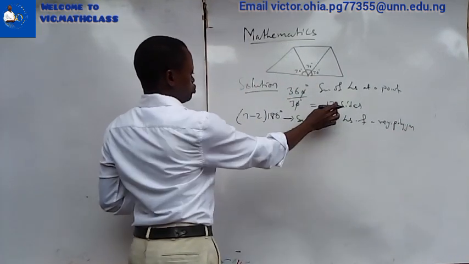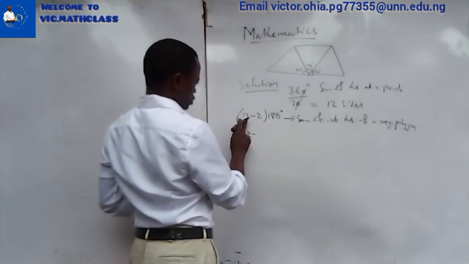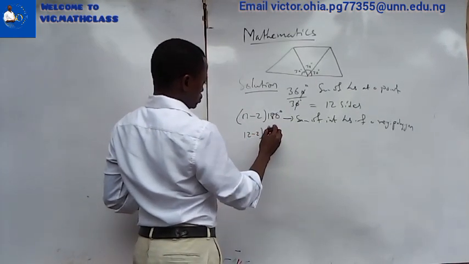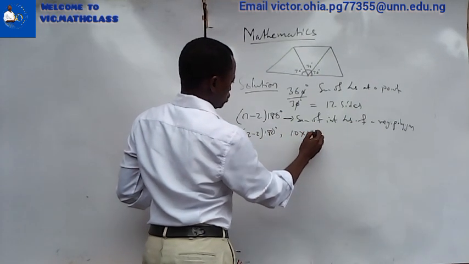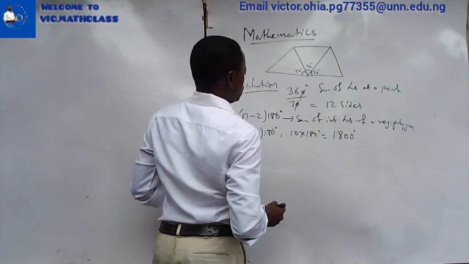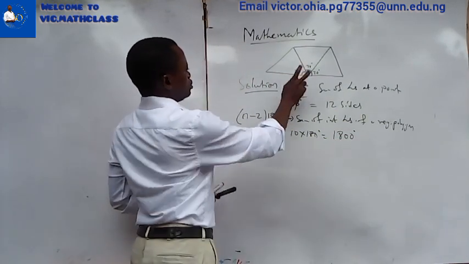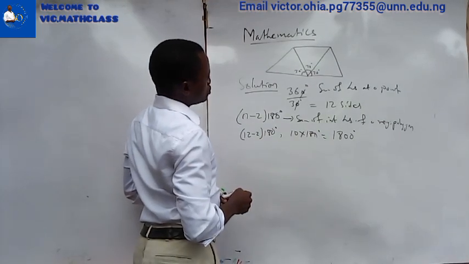If you put 12 here, where the number of sides is n, you have 12 minus 2 in bracket 180 degrees. This gives us 10 times 180 degrees, which is 1800 degrees. So this is the sum of the interior angles in this regular polygon.